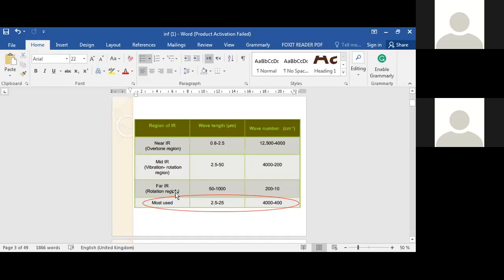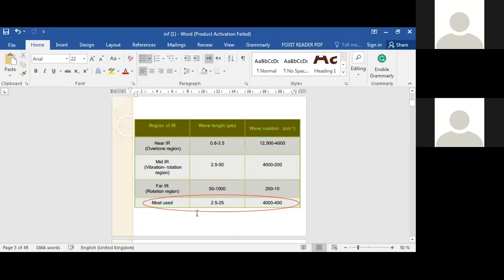Third region is far IR, which is called rotational region, and this is from 5000 nanometer to 10,000 nanometer, or 100,000 nanometer.